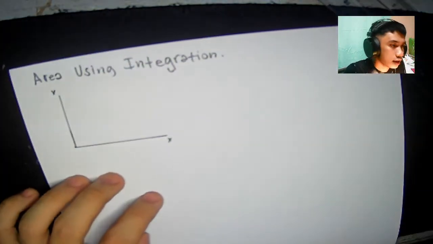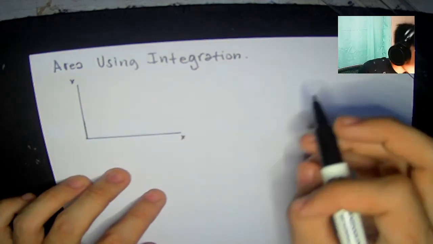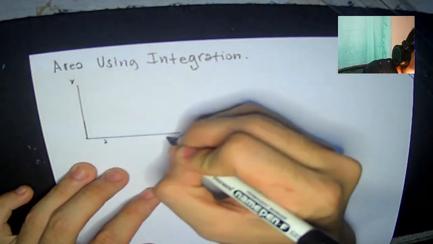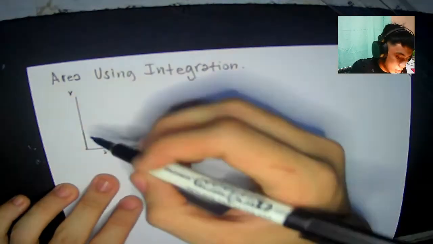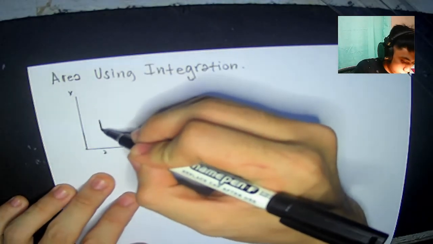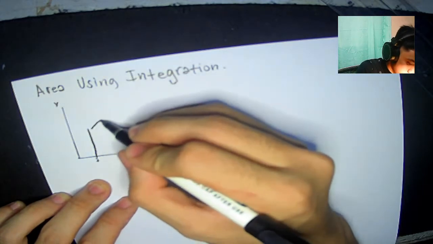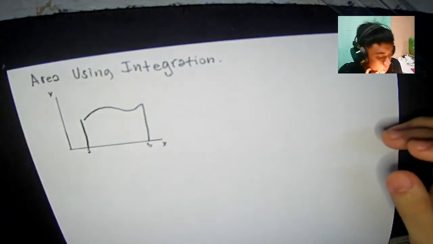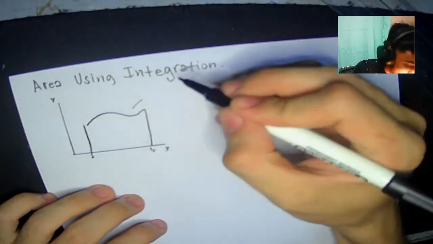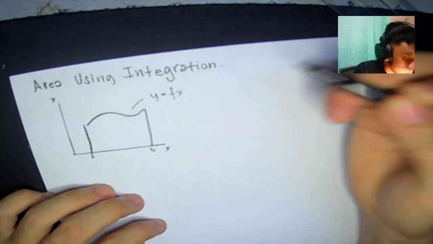Let's say the limit of a function is at a and b. Having a and b, say this goes up here and like that. The slope we can call y equals f of x.